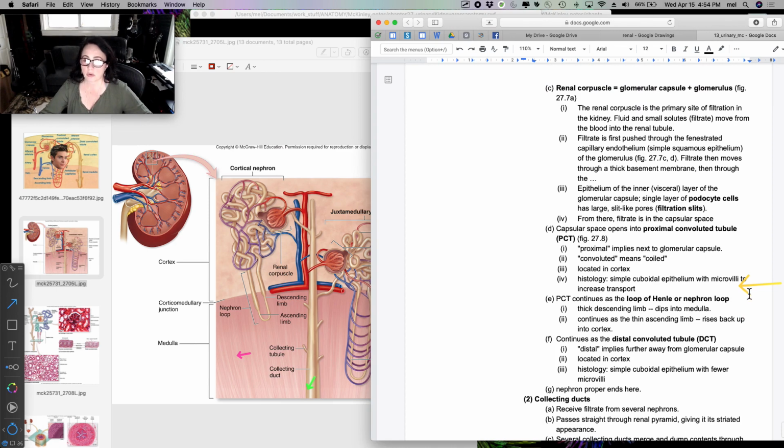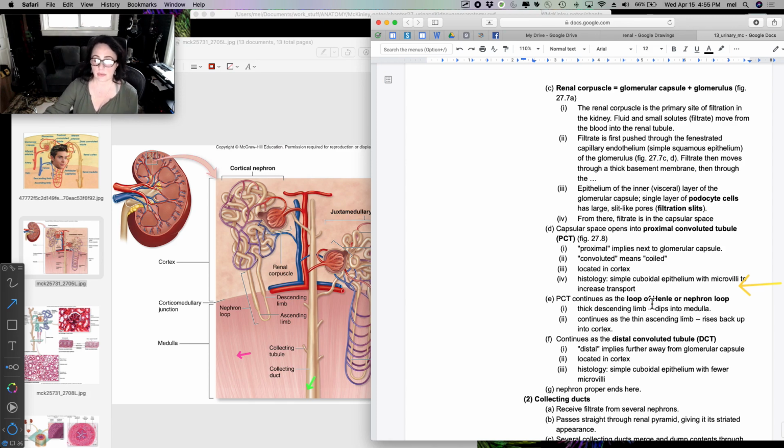So the proximal convoluted tubule leads to the loop of Henle, also called the nephron loop, and it goes descending and then ascending. The loop is mostly about water reabsorption. Desert animals have really long loops so that they have a lot of opportunity for water reabsorption.